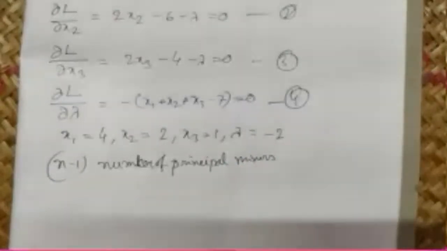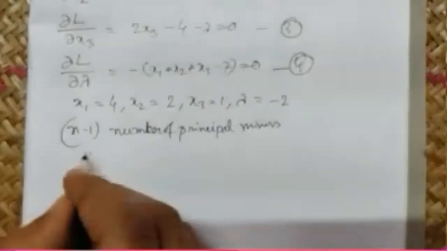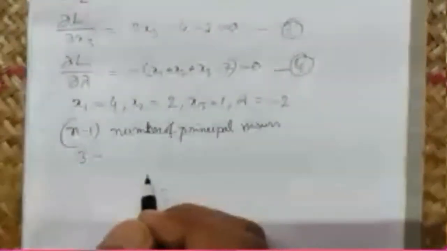Here n is the number of variables, so that means 3 variables, x1, x2, x3. 3 minus 1 is equal to 2.